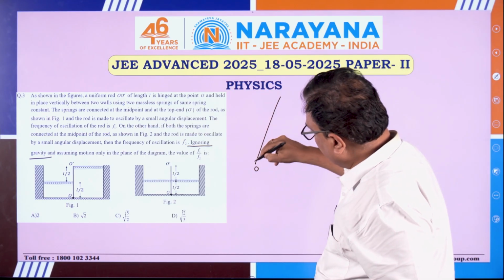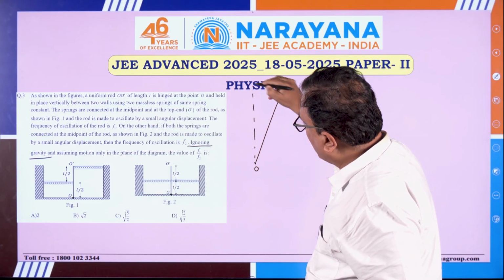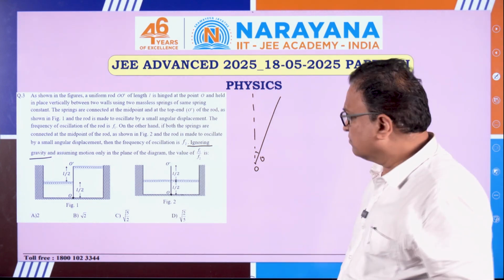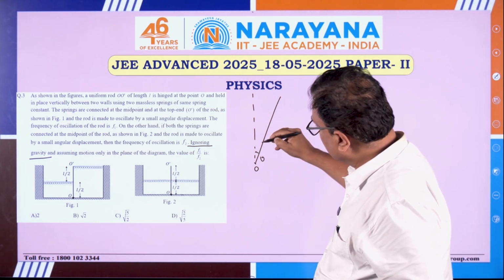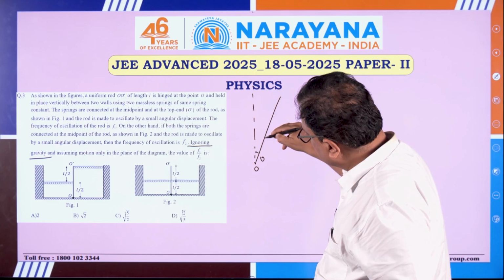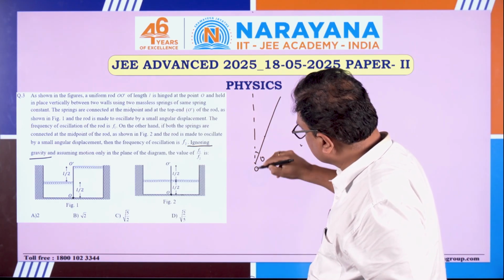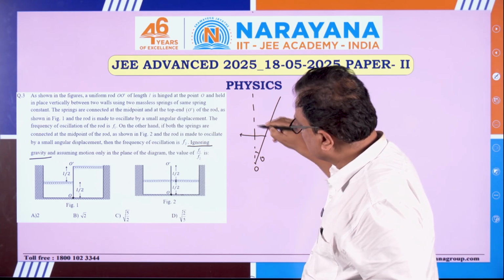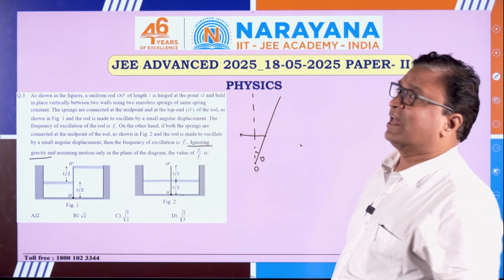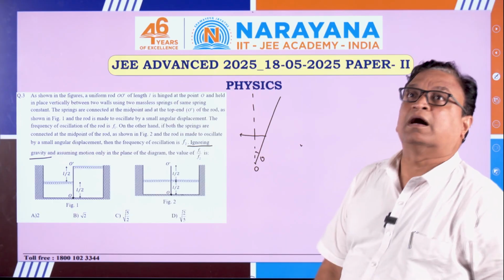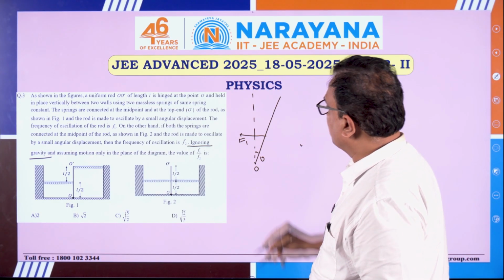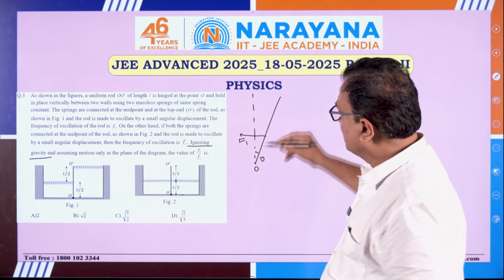See, if it turns by a small angle theta, for example, then in this case you will experience a spring force because of the elongation L by 2 theta. So therefore, here the force is F1. I'll write it later.